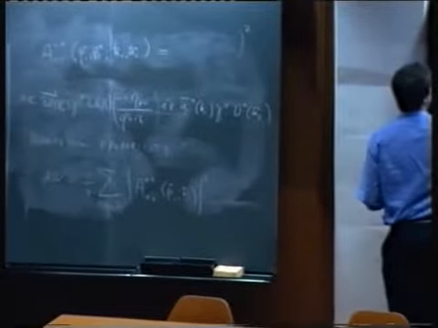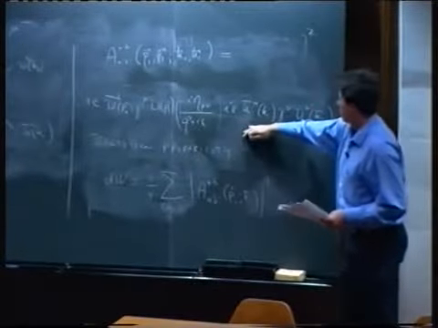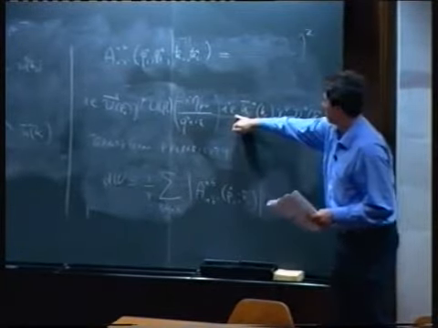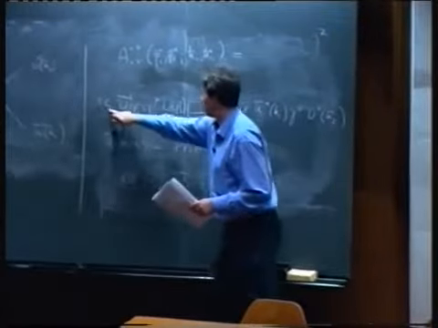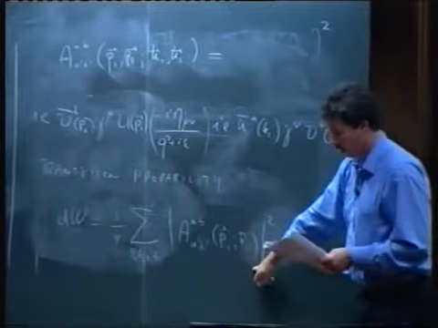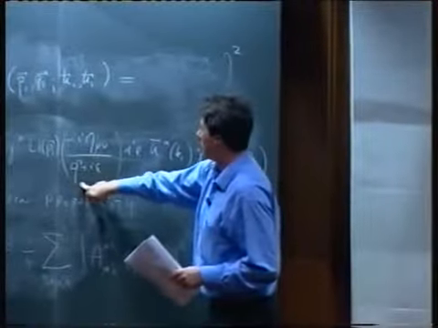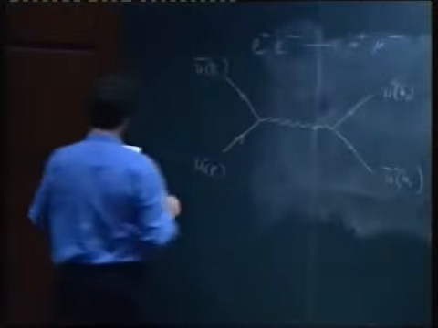This expression, dW, can be written as, well, there are squares of the expressions in here, and you notice that in here I had two vertices, so twice a factor of the electric charge. So in the square I get 4 times the electric charge, so I get 4 e to the 4th. Then I have in here q squared, actually q must be equal to the sum of these two momenta.